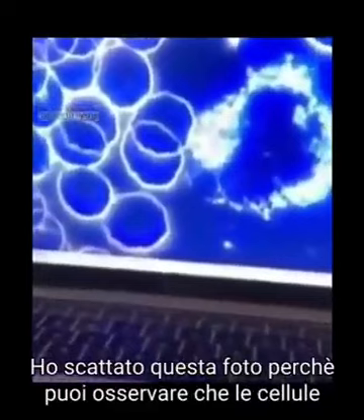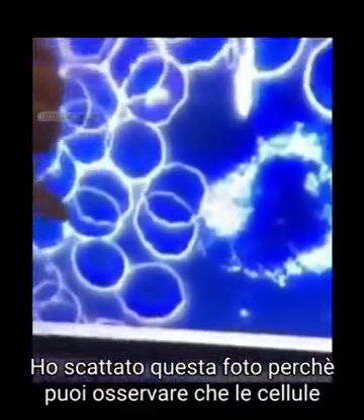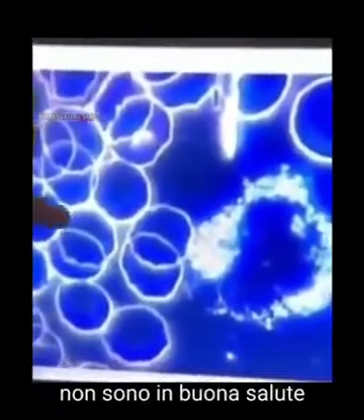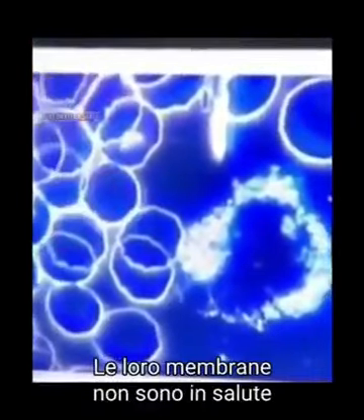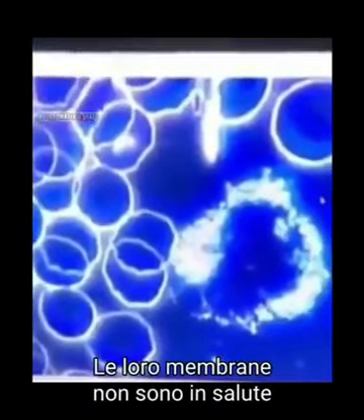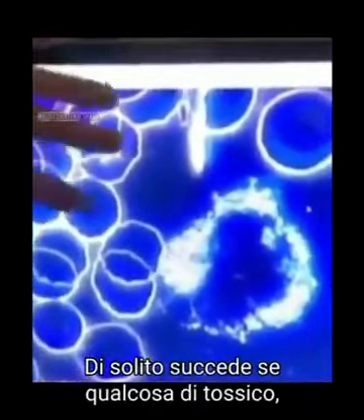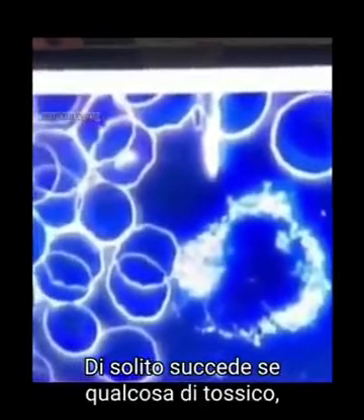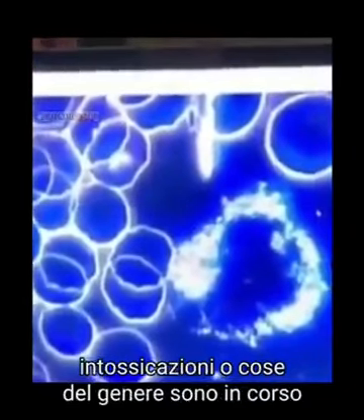Yeah. Right. I took this because you can actually see the cell surfaces here are really not healthy. So the cell membranes are not healthy. That's usually happening if some intoxication or something is happening.